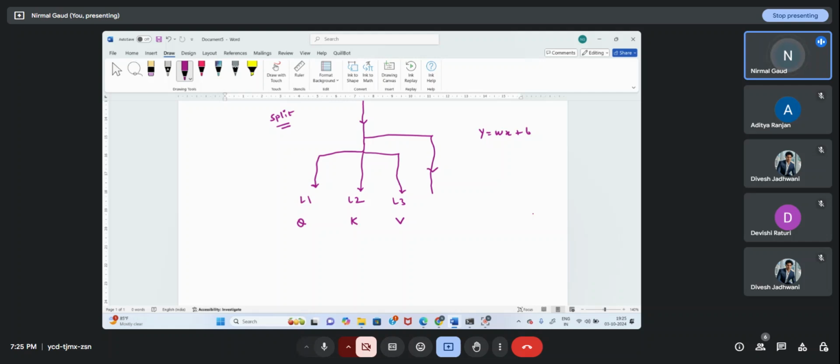So QKV are three linear layers by which your input gets splitted. And we are going to get query, key, and value. Rest you know what happens with Q, K, and V.